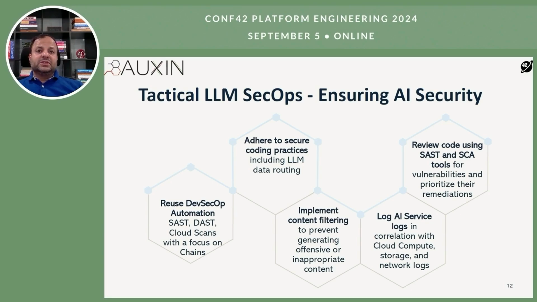We suggest using tools as existing pipeline steps to run scans of this code, making sure that these code snippets or libraries are able to protect against prompt injection and model poisoning. There are different tools out there that are able to look for these kinds of patterns within LLM-based code.